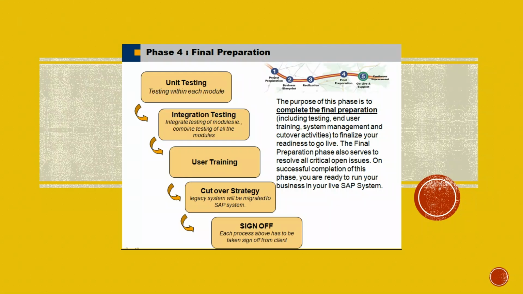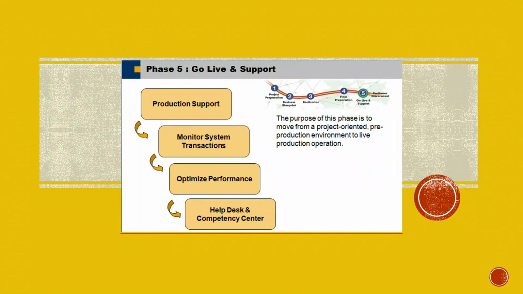A strategy has to be defined for how the data, either master data or transaction data, will be moved to the new SAP system, and what the cutover period would be. The final preparation phase ensures that all the activities are completed and the TRs, etc., have been moved.